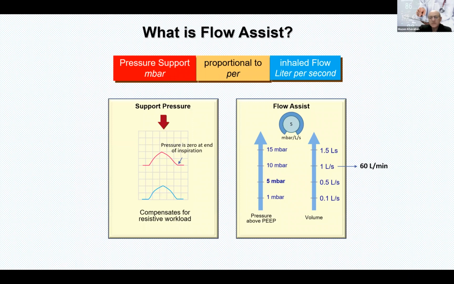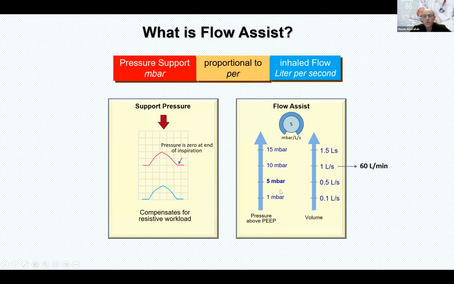Now, flow assist is for resistance. I just separated volume assist from flow assist so you can understand those individually, and then we can combine them together. So what we're doing here is we're setting the pressure support, but now it is proportional to the inhaled flow, which is liter per second.